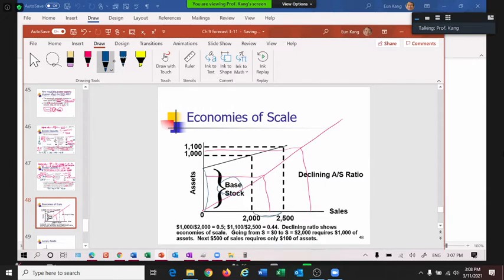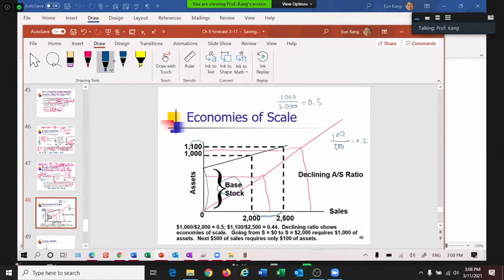But from 2,000 to 2,500, you need only what? $100 more, right? Before it was 0.5, now delta S is 500 and delta asset is only 100. So now this is only 0.2. Before it was 1,000 over 2,000, 0.5.